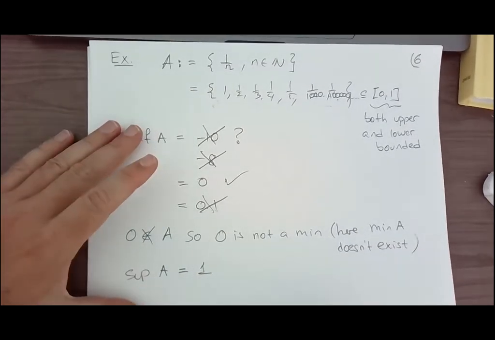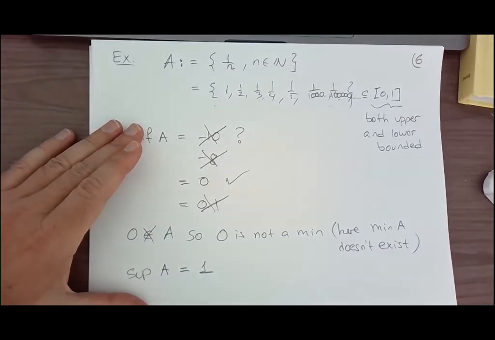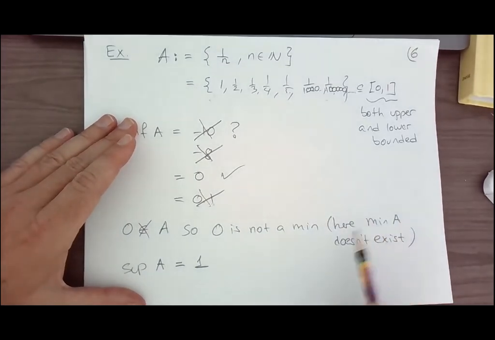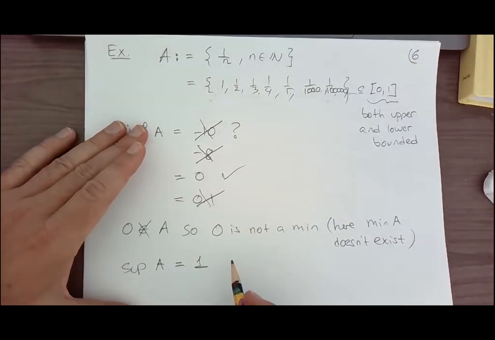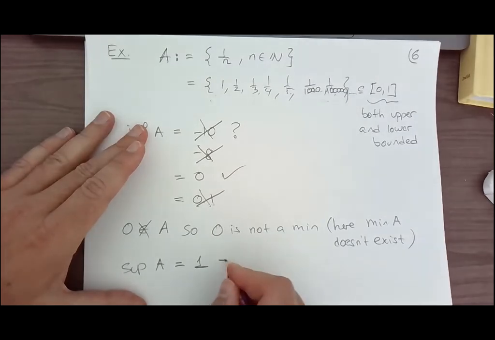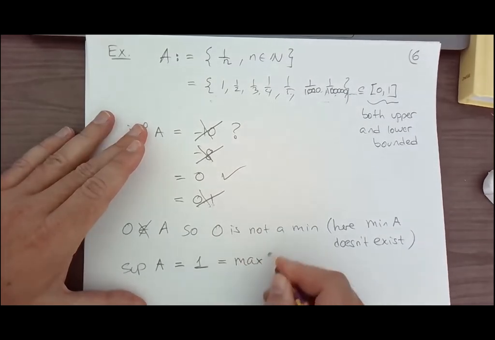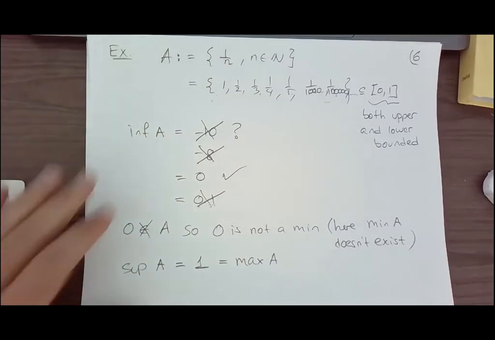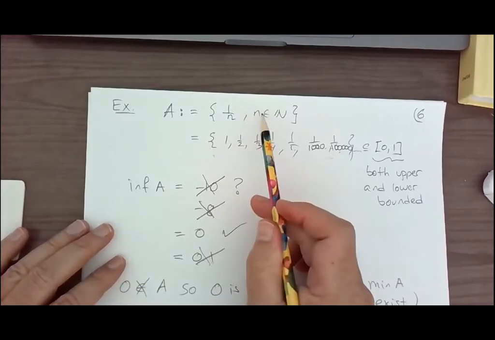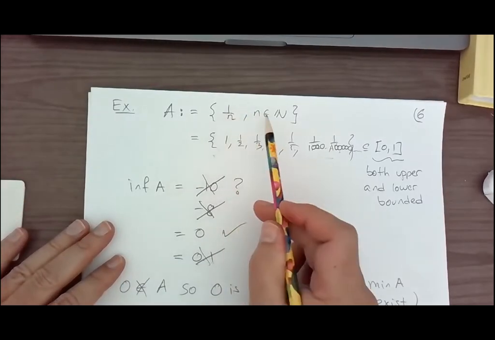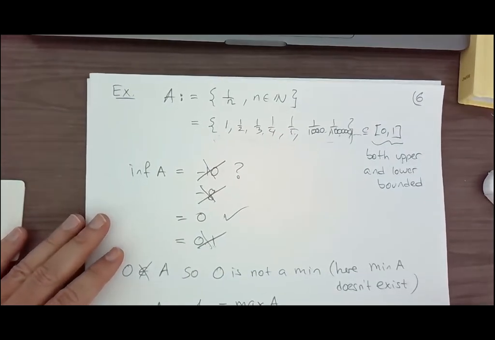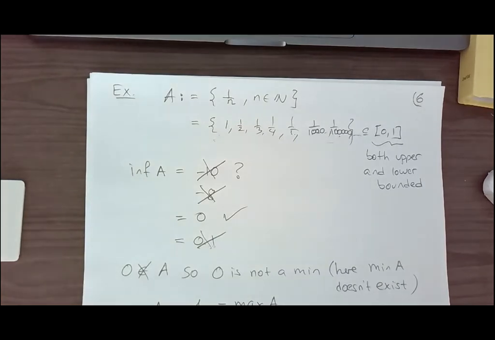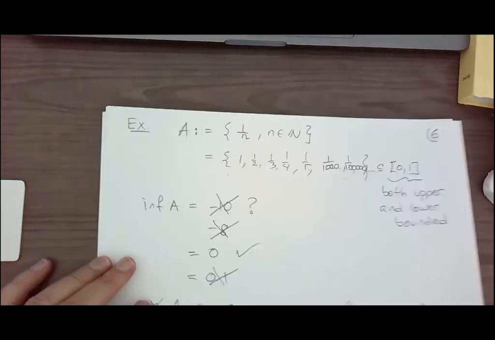And Shin, is this also the same story as the min, or is this a max? This is also a max. And that's because we can find an n in here such that we get exactly 1. Indeed, you just choose n to be equal to 1.